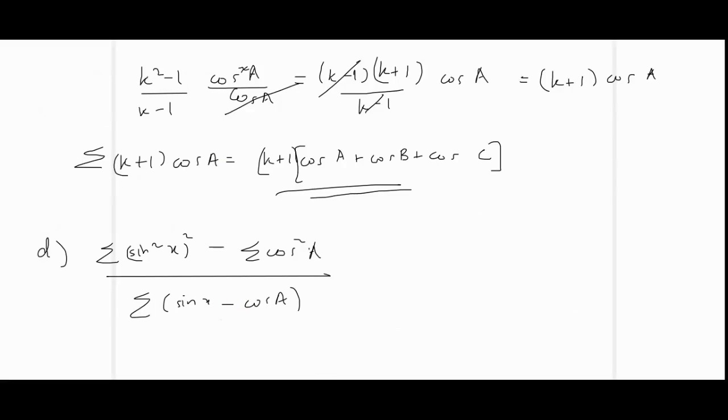Okay, no, there's a mistake here. This is not cos square a, this is cos a the whole square. Same over here. This is sin x summation. First you do the sum, then you take the square.